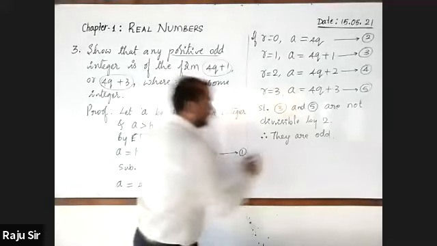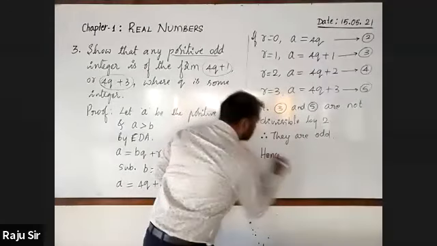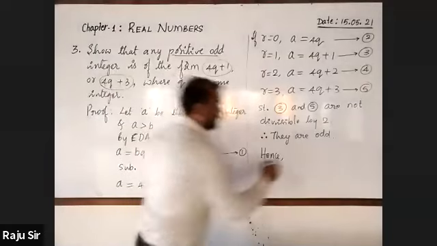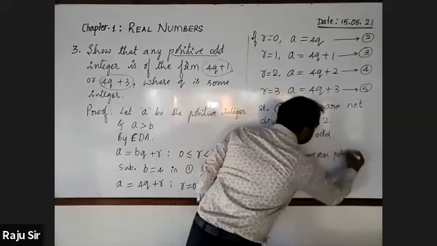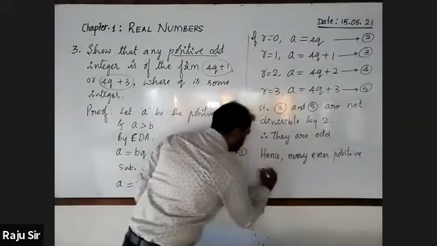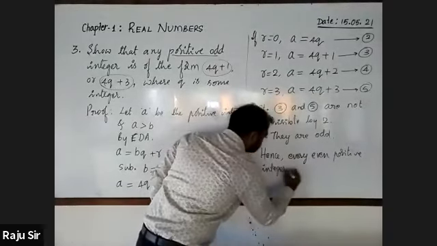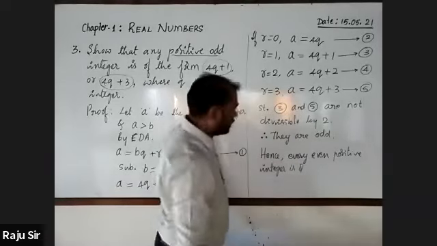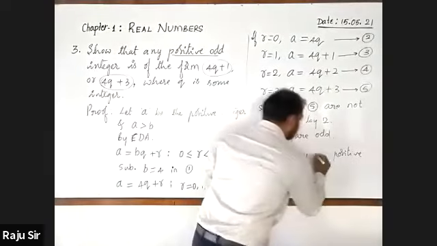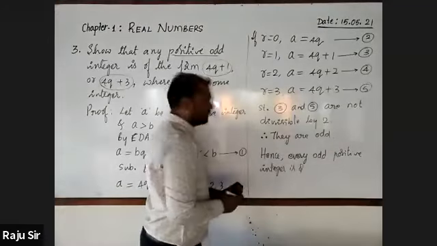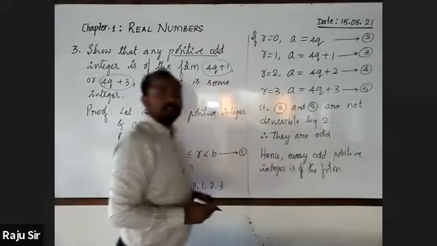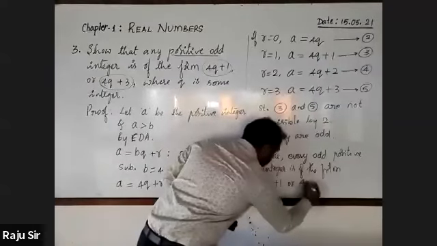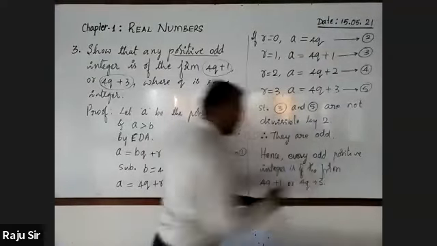Now, you may go for writing the final conclusion. That is, hence, every odd positive integer is of the form either 4q plus 1 or 4q plus 3.